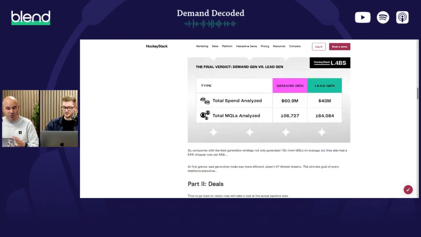What we're seeing here is that in this sample size, the demand gen group spent a fair amount more on advertising than the lead gen group, which is actually a somewhat surprising discovery.